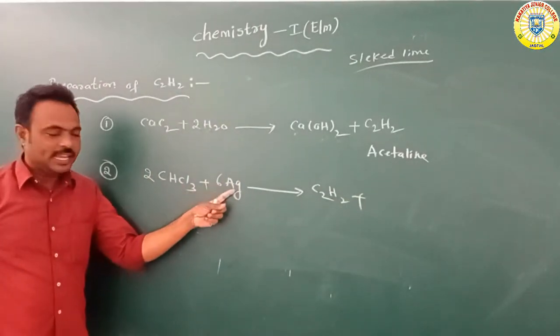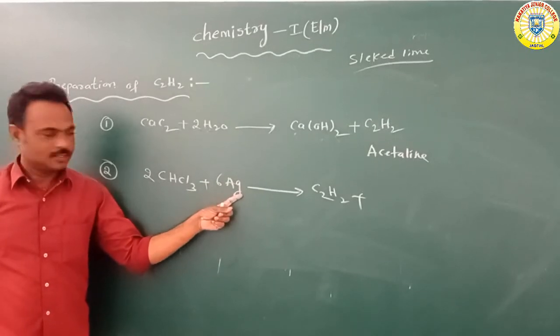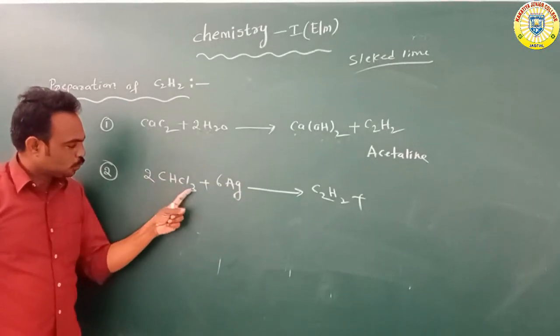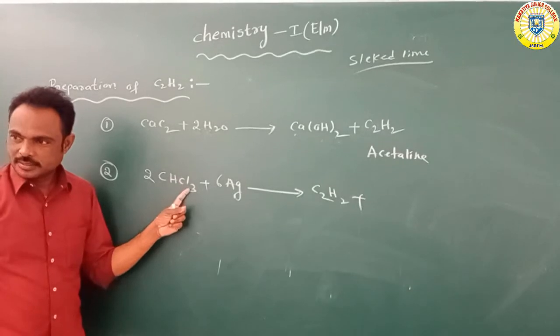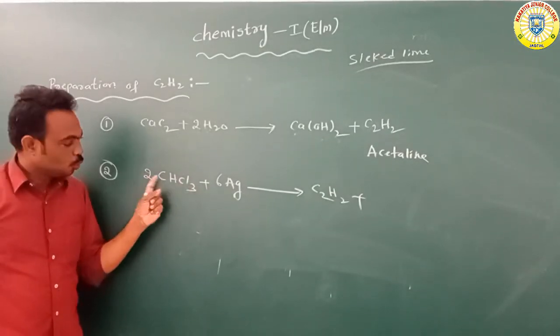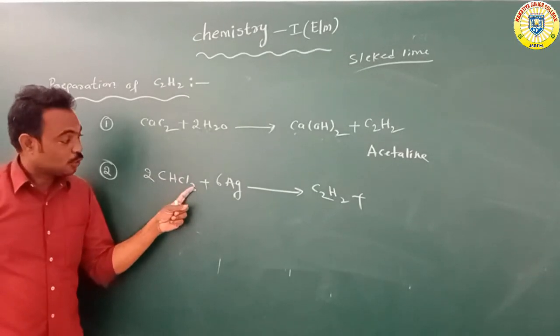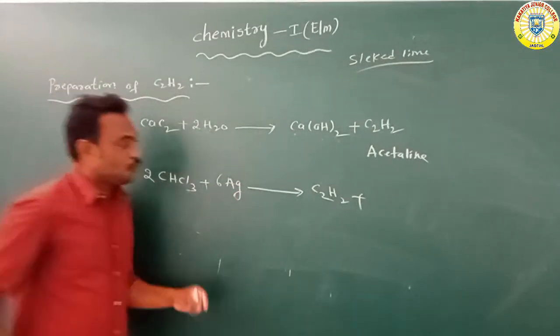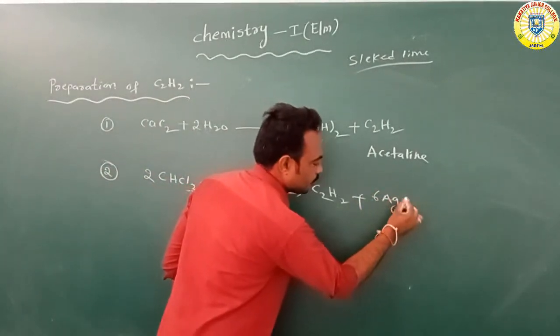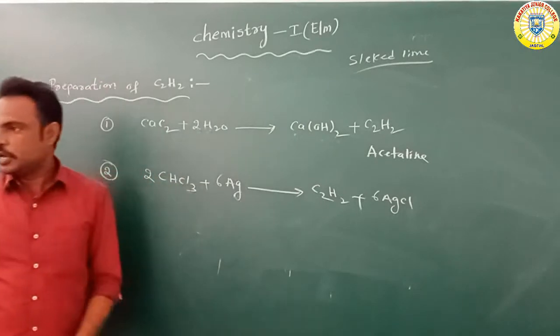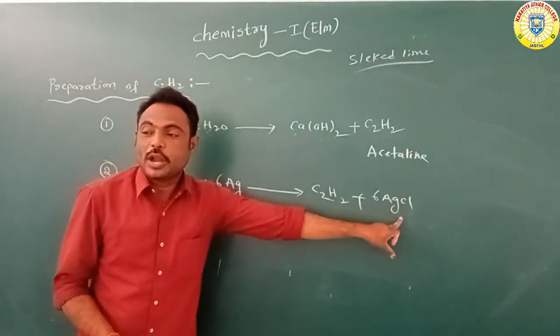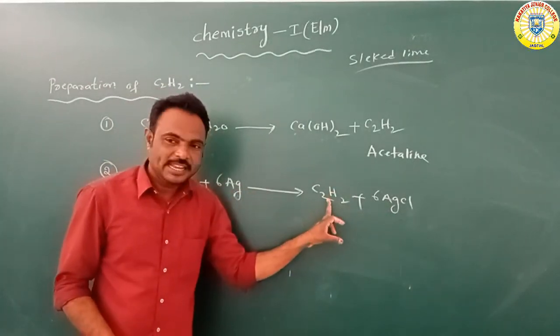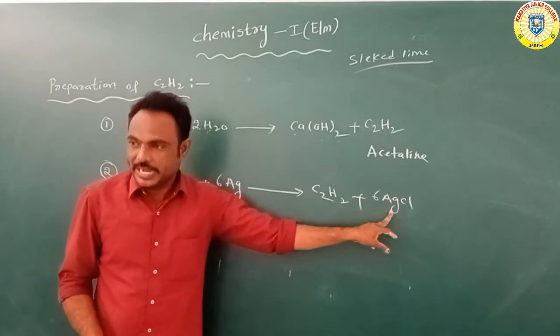Next, how many silver atoms? 6. So 2 times 3 are 6 chlorines. You understand? 6 chlorines, 6 silver, to form 6 AgCl. Do you understand? Okay, silver chloride, acetylene and silver chloride.